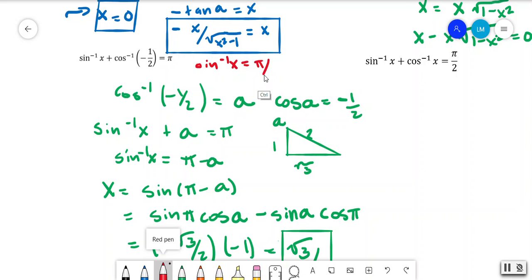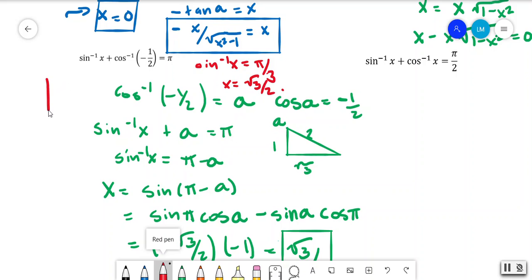So in this case, it's almost like a reverse of the very first problem, where you have sine of pi over 3, where x equals root 3 over 2. Maybe this method would be a little faster, because then you can just say that pi minus 2 pi over 3 is pi thirds. Then you just take the sine on both sides, and it gives you root 3 over 2.